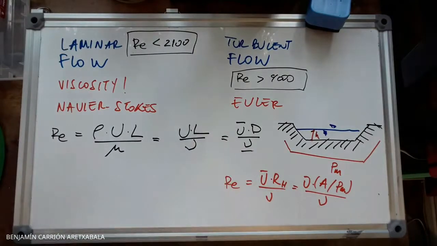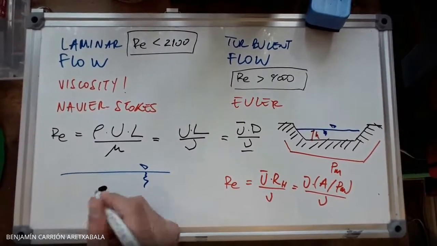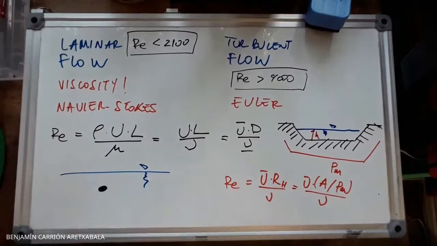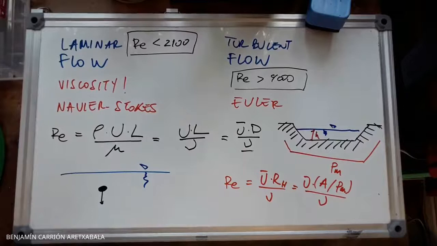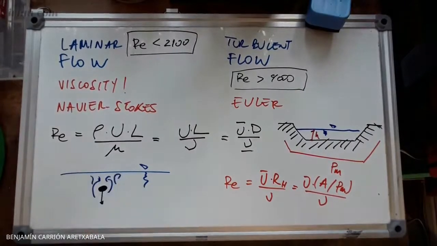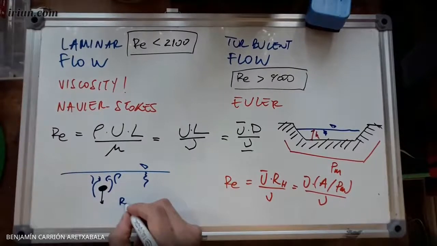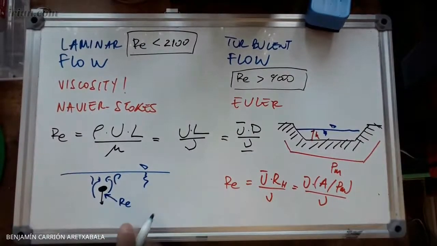Also, if you get into this later in life and you want to model, for instance, how sediment moves, let's say you have a rock or a pebble that's sinking, going down. You're going to have some turbulence around it, and there is a way to represent the Reynolds number of this particle, and it has a specific form.